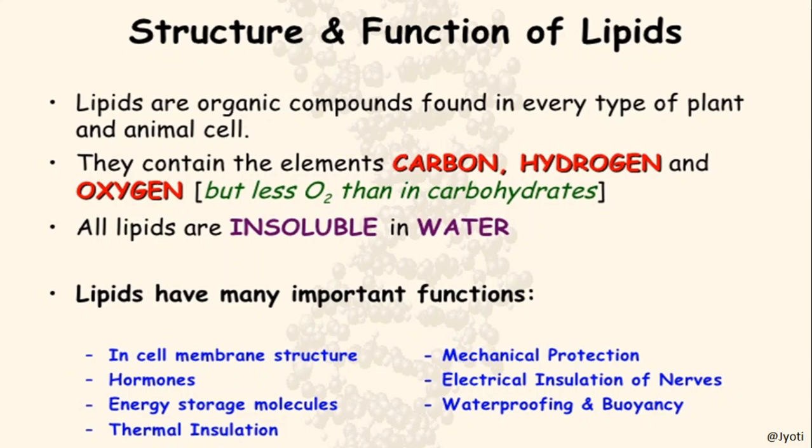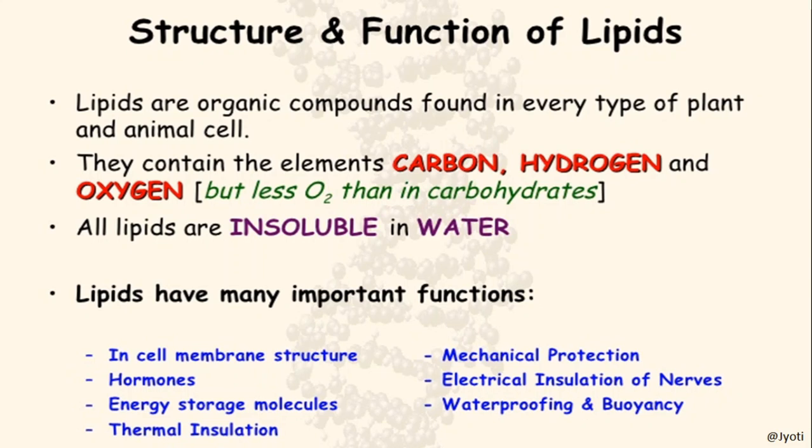You know that phospholipoprotein is the chemical nature of the cell membrane. Then some hormones are synthesized from lipids. Then energy storage molecules, the fat stores a huge amount of energy.